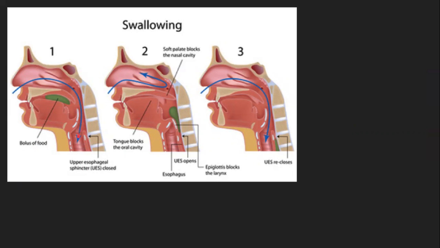There's one tube, which is the windpipe over here. And then in the back, you have the esophagus. Obviously you want the food to go down the esophagus into the stomach, and not down the windpipe. So what helps to close the windpipe? When you swallow, the structure called the epiglottis automatically blocks that windpipe, and so the food goes down the esophagus and does not go down the windpipe.